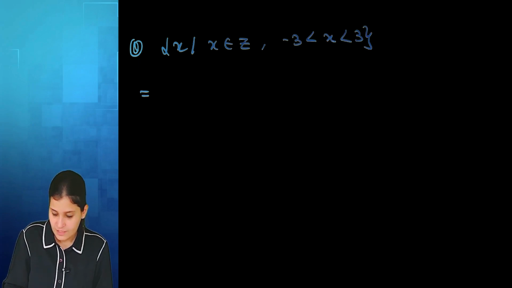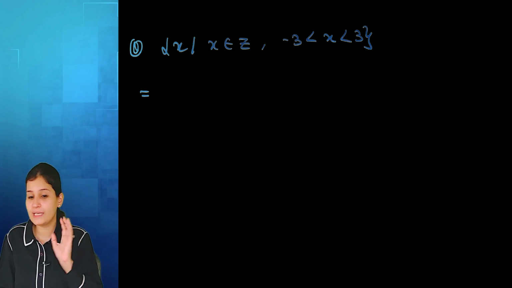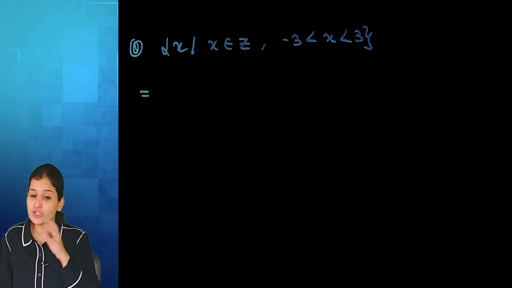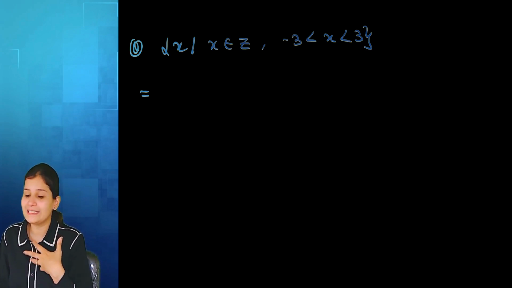Question: x such that x is an integer and minus 3 is smaller than x smaller than plus 3. This is set builder. I have written the condition: x should be an integer and the value of x should be between minus 3 and 3. So I want to list down all the integers between minus 3 and plus 3.